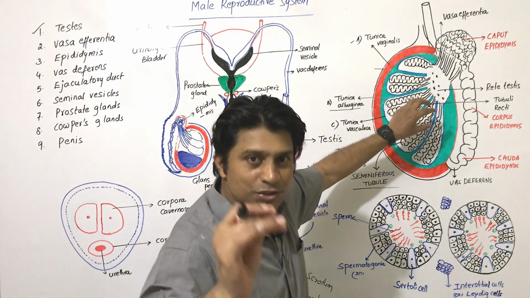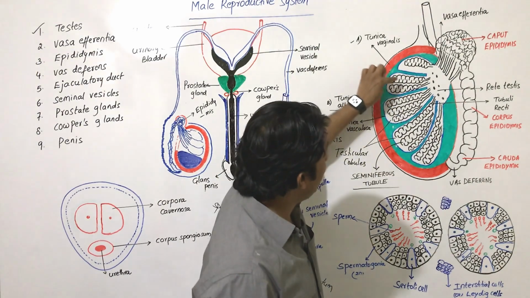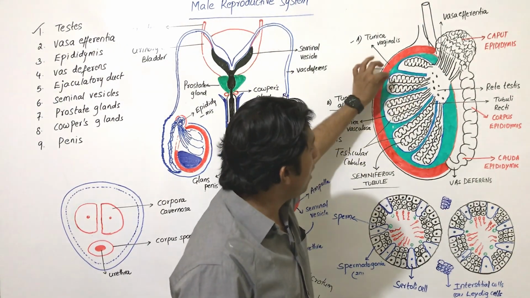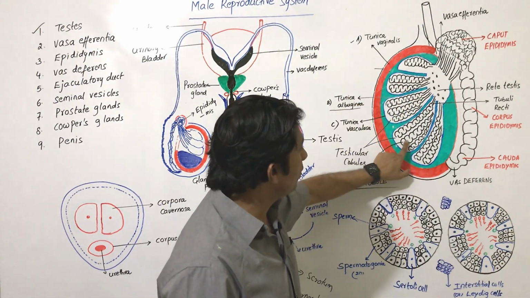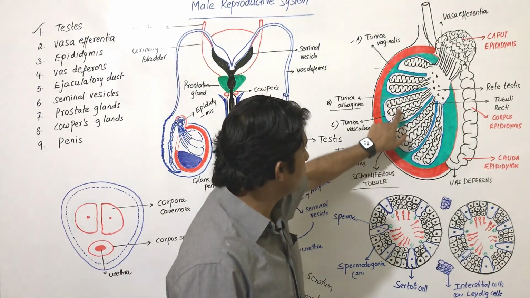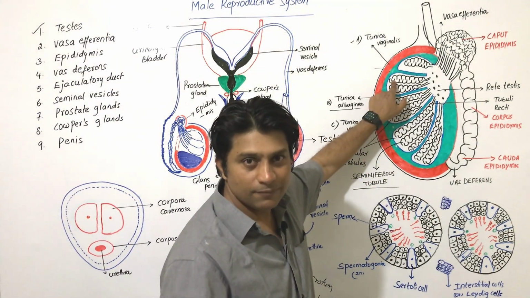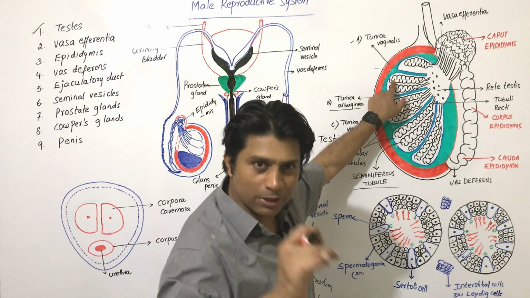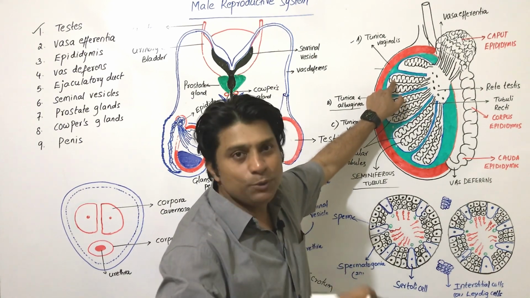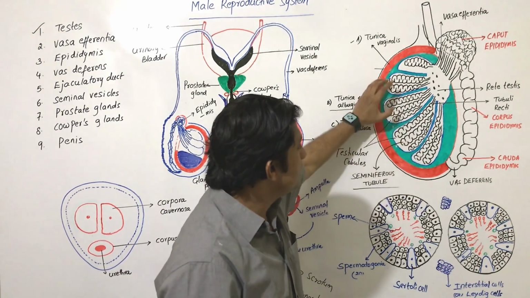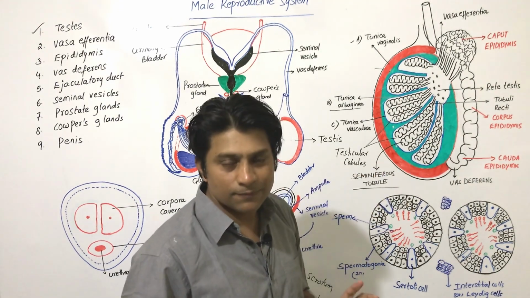Now the interesting part is, inside these testicular lobules are seminiferous tubules. These are seminiferous tubules. Approximately each lobule has 1 to 3 seminiferous tubules.